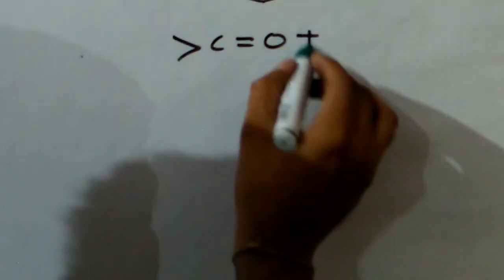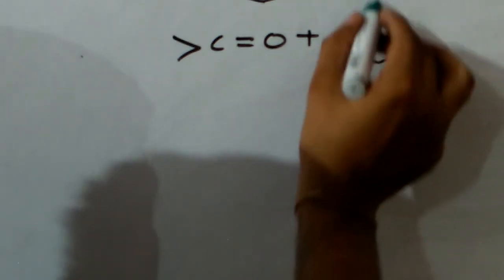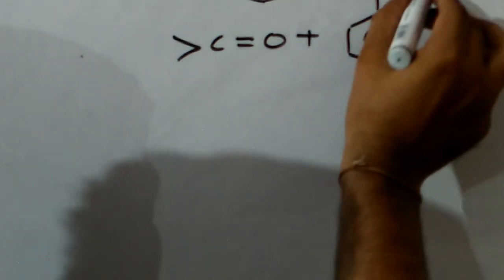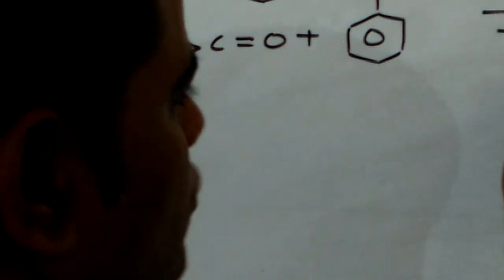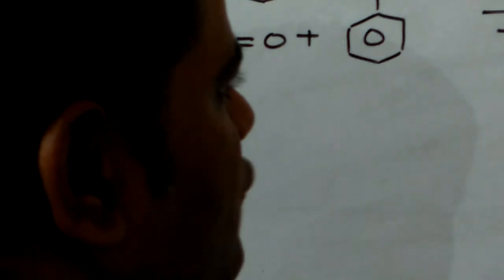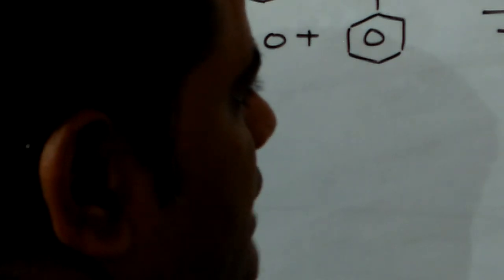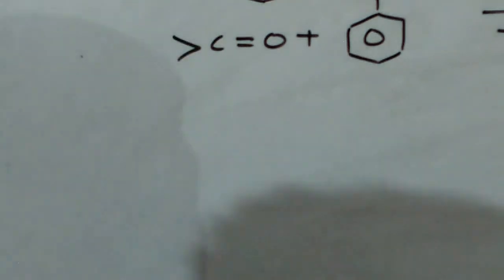Aldehyde and ketone can react with phenylhydrazine, NH NH2, remove water, and then add the rest of the part. C double bond N NH C6H5. The product formed is known as hydrazone.